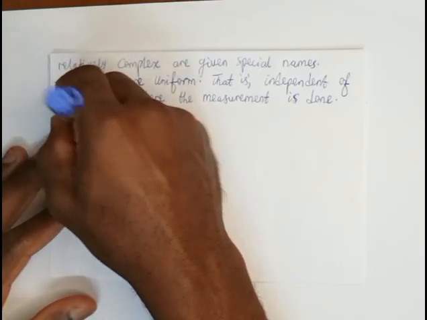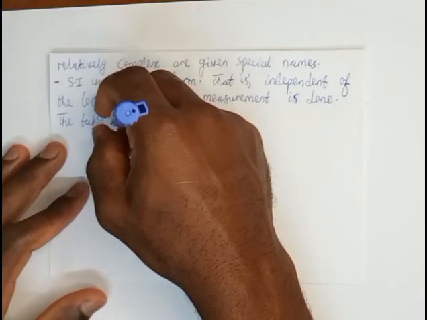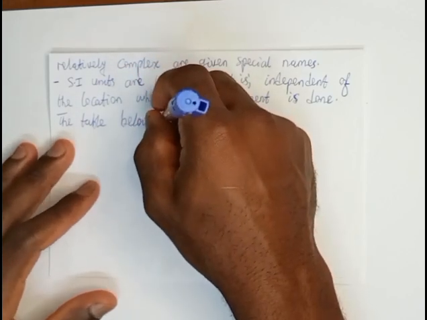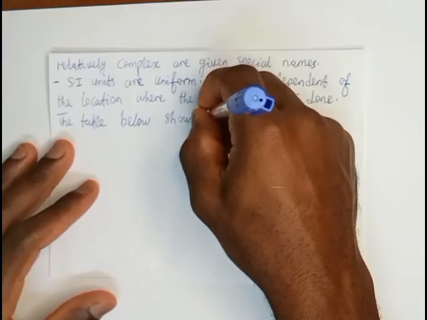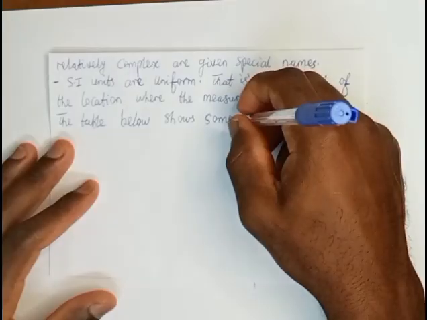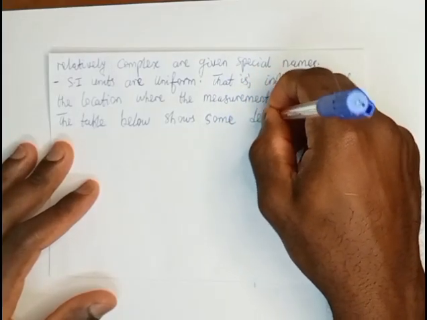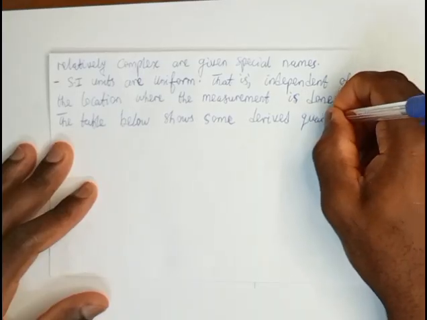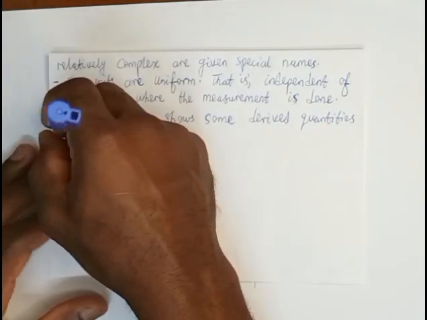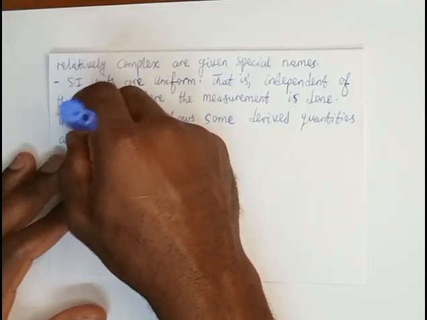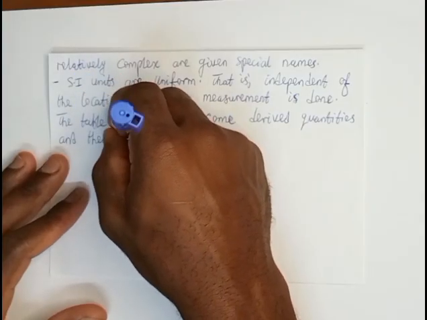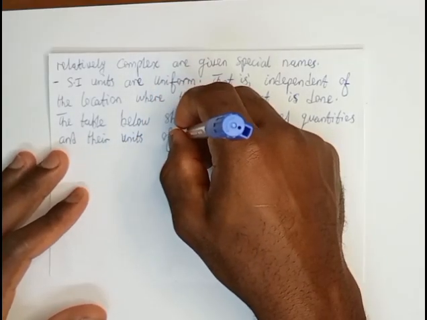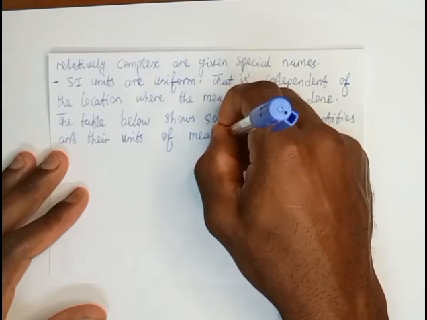If we take this down, the table below shows some derived quantities and their units of measurement.